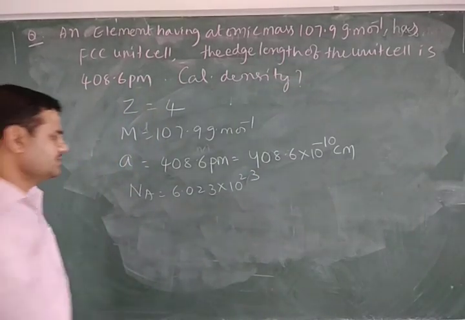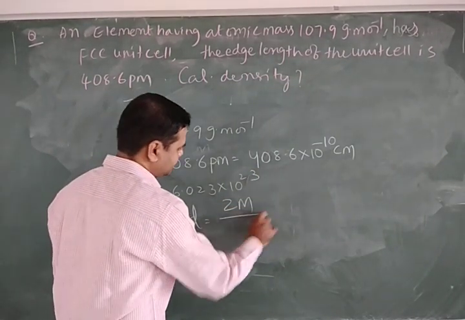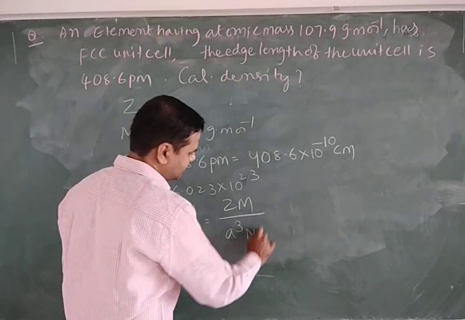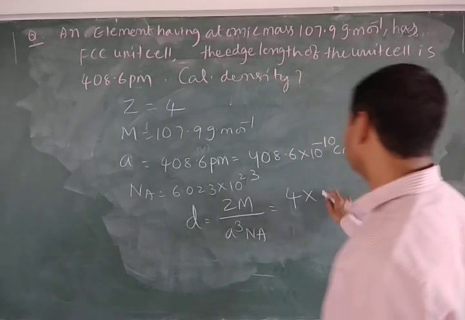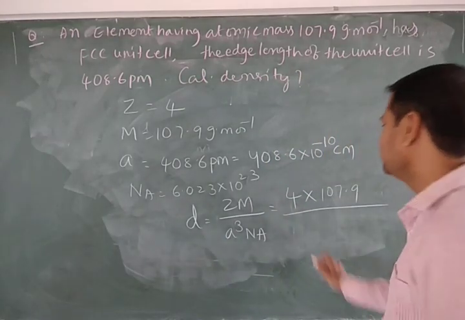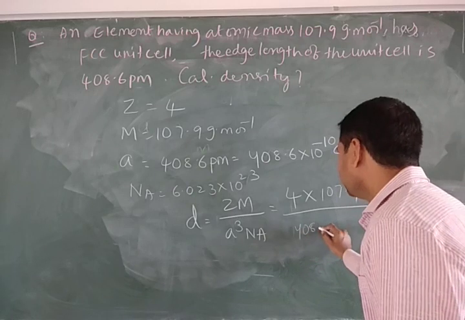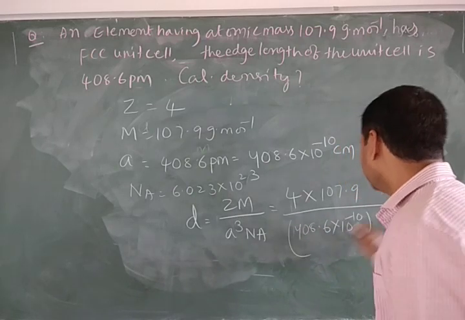Now I can substitute in the formula D is equal to Zm by A cube into Na. Z value is 4. Molar mass value is 107.9. A cube value is 408.6 into 10 power minus 10 whole cube.